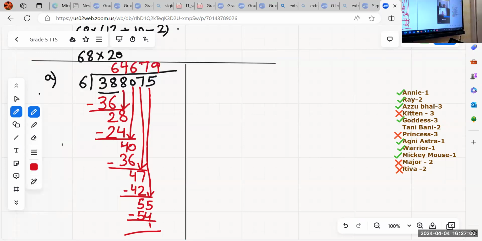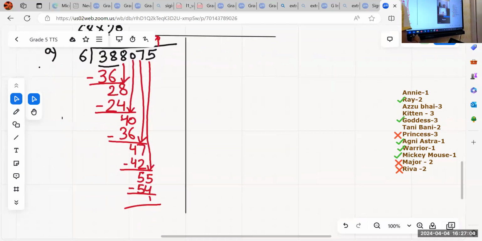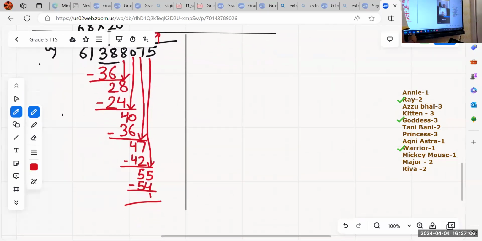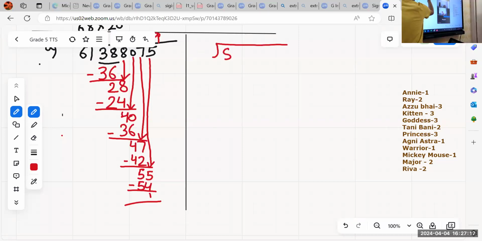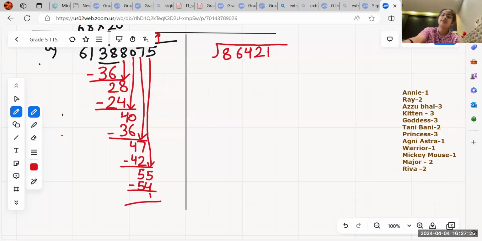The next question. Don't get this wrong. Today I am in the mood of giving very small division questions, smallest possible. Yes, sir. Very, very small. Sir, you can ask what is 3 divided by 9.